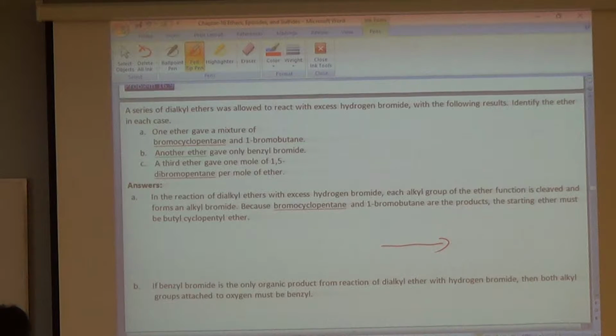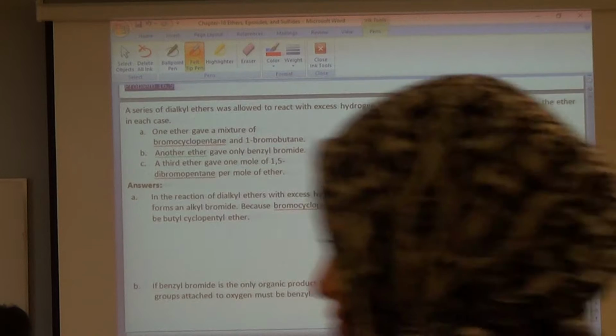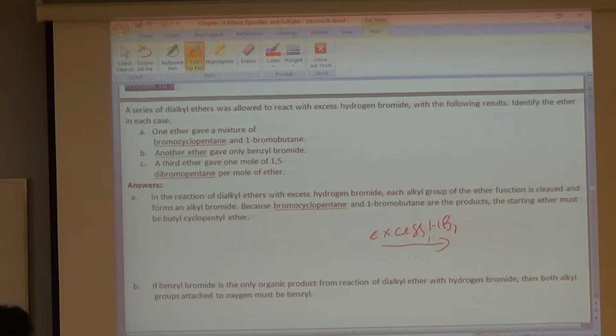So with excess HBr, then heat, that ether produces bromocyclopentane plus 1-bromobutane.